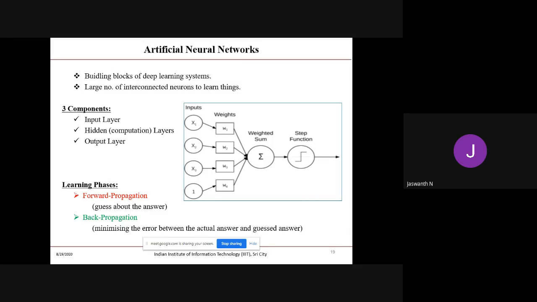So now, coming to the core concepts of artificial neural networks. Basically, artificial neural networks run in two phases, forward propagation and backward propagation. In this diagram, x1, x2, x3, x4 and so on are your input, that is your column vector, and then you have synapse weights.